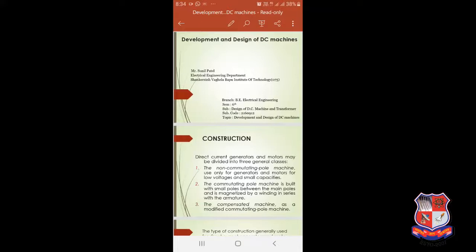The compound excited is further divided into 2 parts: cumulative compound and differential compound. It is further divided into long shunt and short shunt. So these are the different types of DC machine.